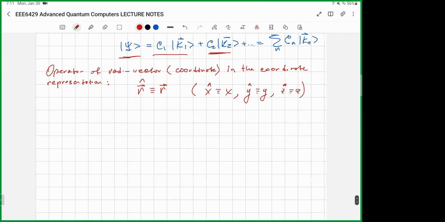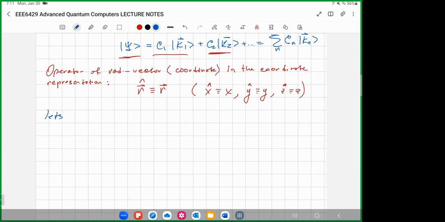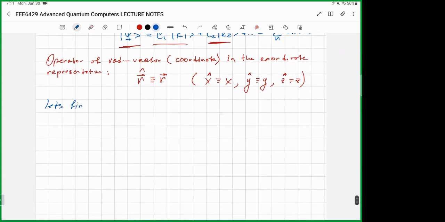But what about the momentum? So let's find the momentum operator in the coordinate representation.